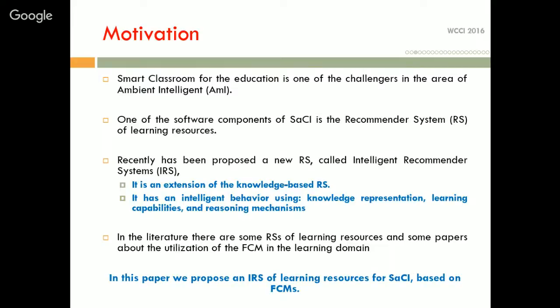That means it's a new type of recommender system, different from the classic knowledge-based recommender system that uses only the capability of inference from a given knowledge representation. Here we introduce the idea that we need these three capabilities together.